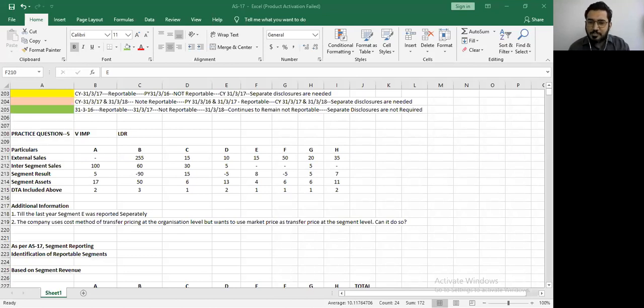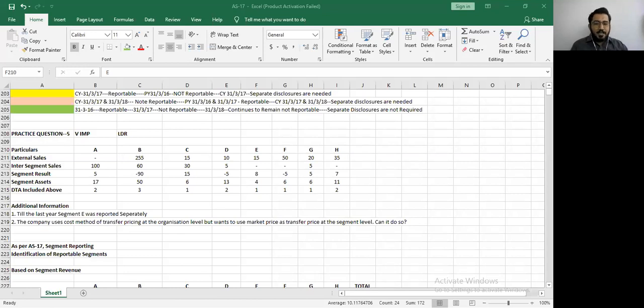But my question to you is, would you like to show a segment which has a loss, because in spite of having high revenue, it is still incurring a loss? So will you like to show a segment which is a loss making segment? Of course not. So let's remove F also from the options. Once you remove F also from your options, you are now left out with G and H.